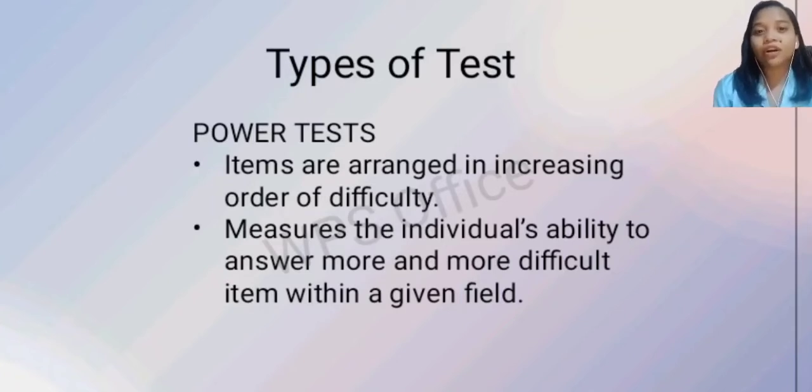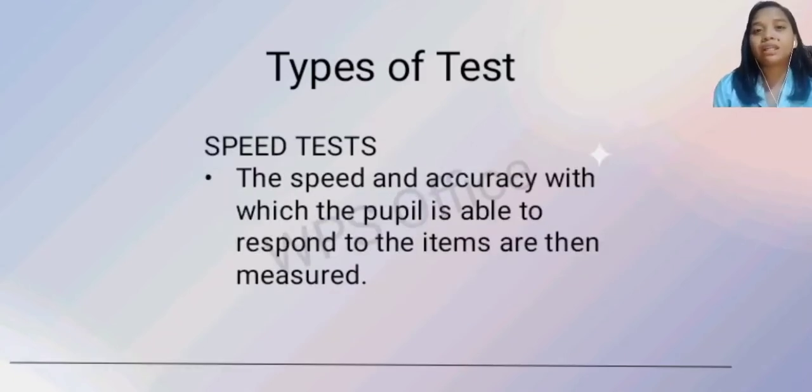Items are arranged in increasing order of difficulty, or it could also be a power test, which contains items that vary in difficulty to the point that no subject is expected to get all the items right, even with unlimited time. And the next is the speed test.